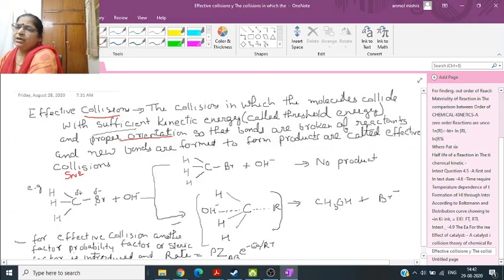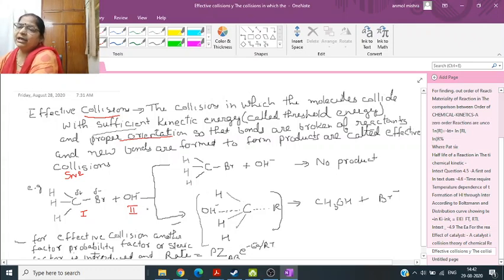Here there are two reactants, the first reactant is methyl bromide, and the second is the nucleophile OH. When both of them react with each other, if this OH attacks from the side of Br, then no product will be formed. This orientation is improper.